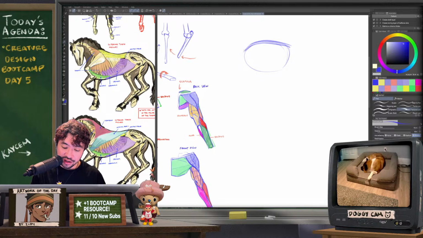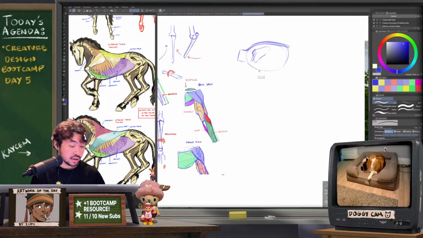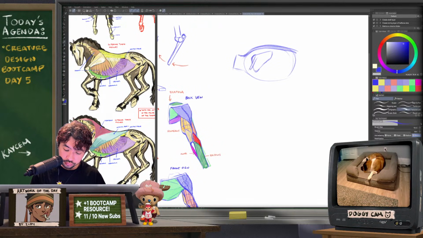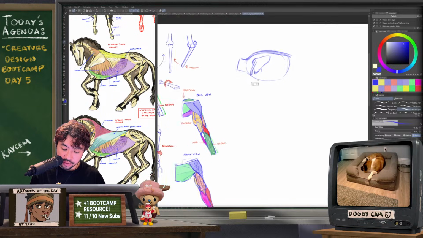So if you were to imagine a human being on all fours, okay, like a dog, like this, that would mean that the scapula that we have here is going to look essentially something like this, right? Simplified version. Then we're gonna place all the bones and all the stuff that we talked about.